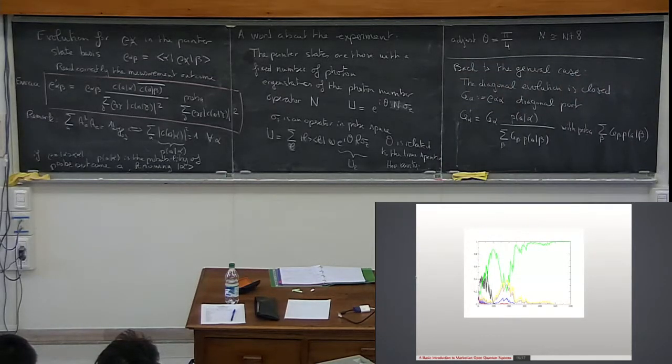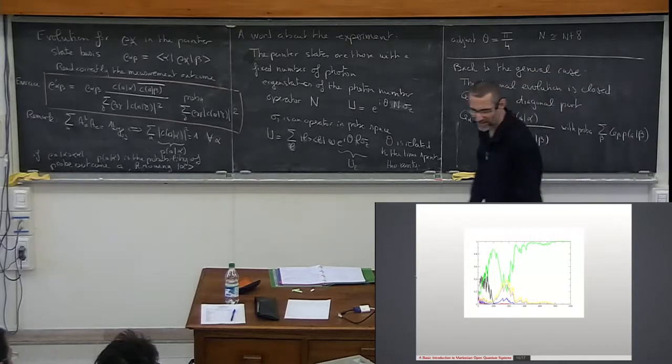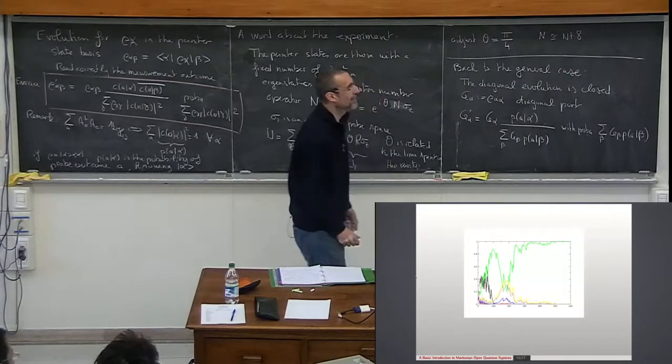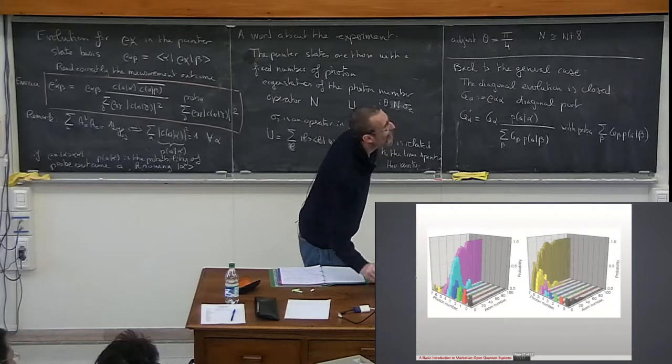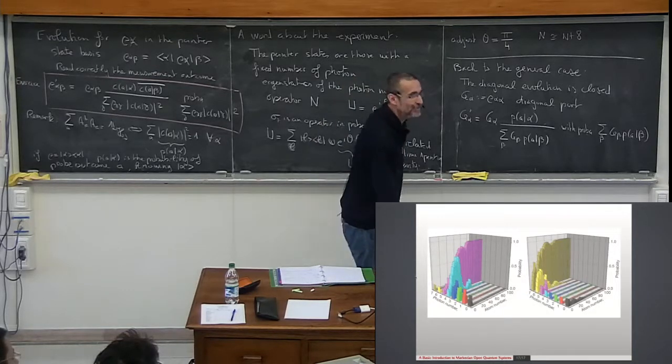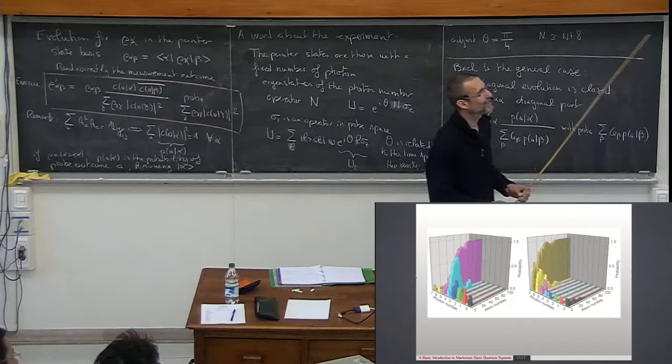And this means that whatever the initial state you take, all but one of the states will completely disappear, and one of them will emerge in the end of the simulation. And if you look at the pictures given by the authors of the paper, it's exactly what they see in the experiment.